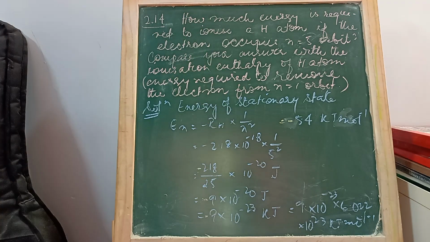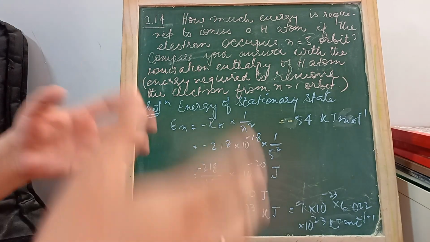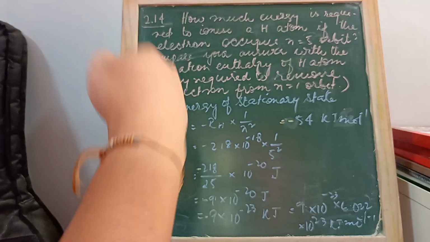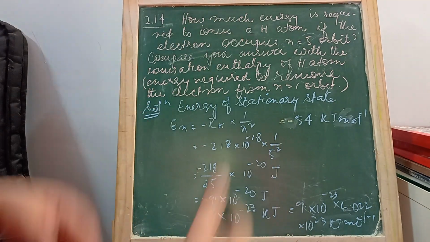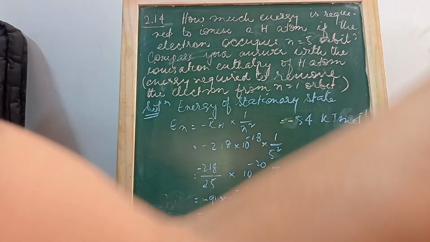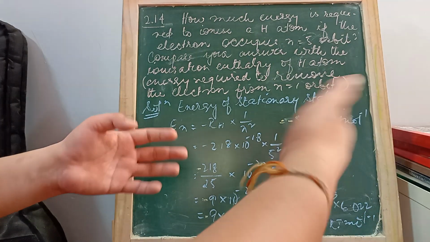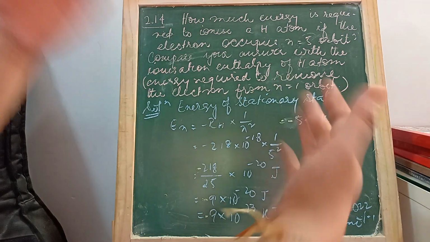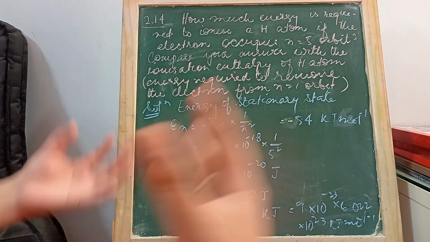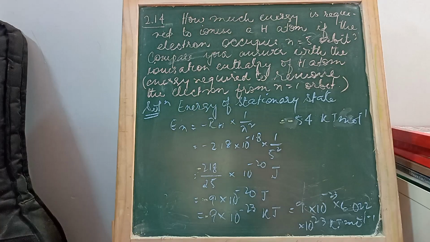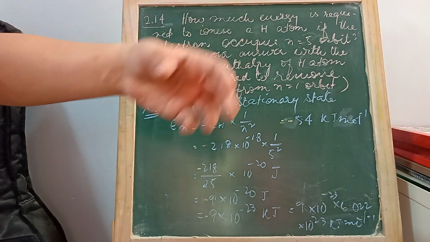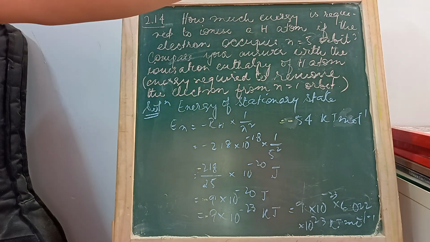But here, Bohr says that as long as the electrons are in a stationary orbit, that means the allowed orbits, having allowed radius, allowed energy, or allowed angular momentum, they will not release any energy. Energy is released or absorbed only when electrons are transferred from a lower orbit to a higher orbit, or from a higher orbit to a lower orbit, right?